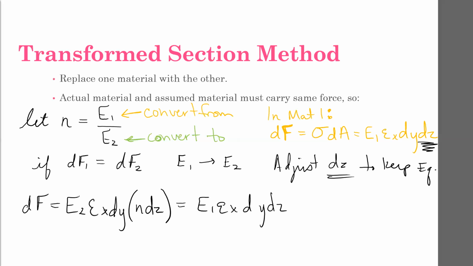So if you look at these two equations, you're going to see dy dz, strain in the X, and you'll notice this n has to equal E1 over E2.